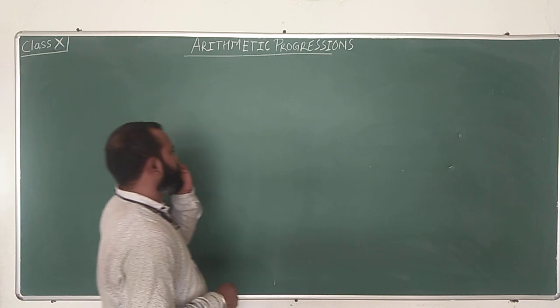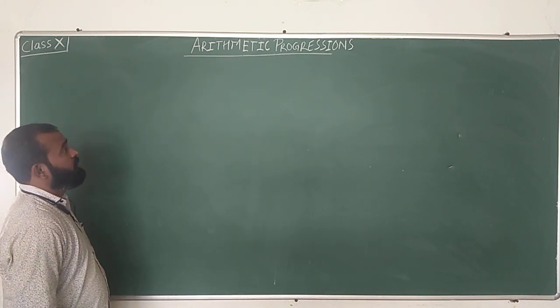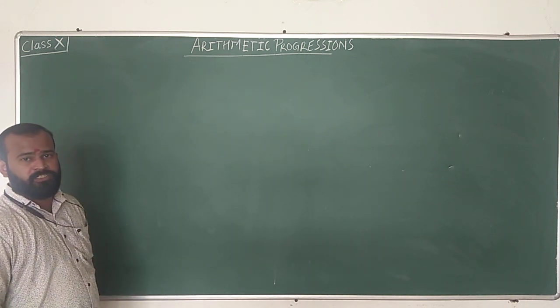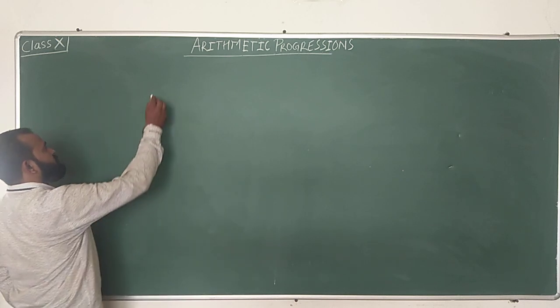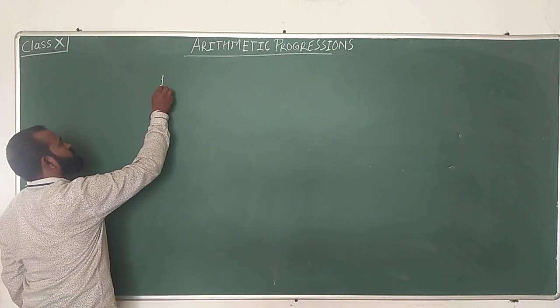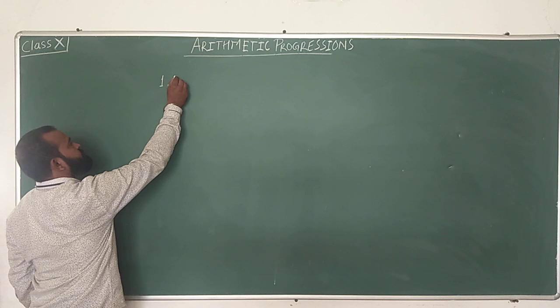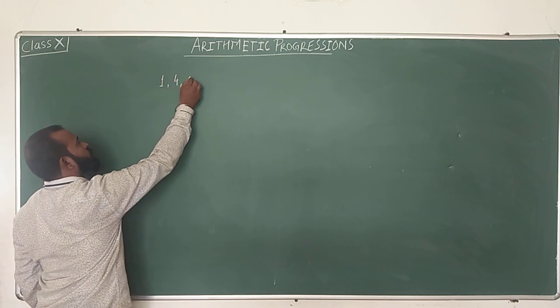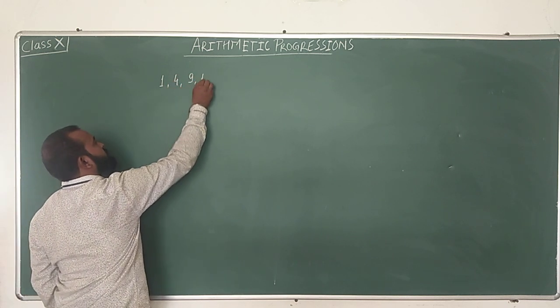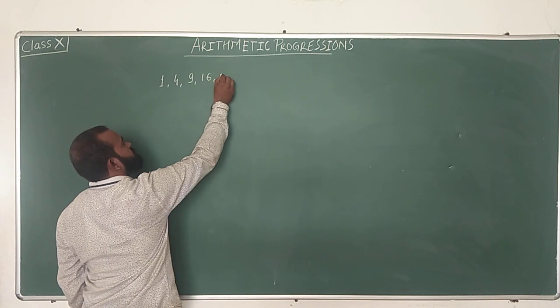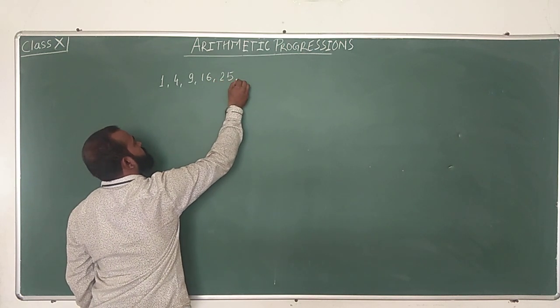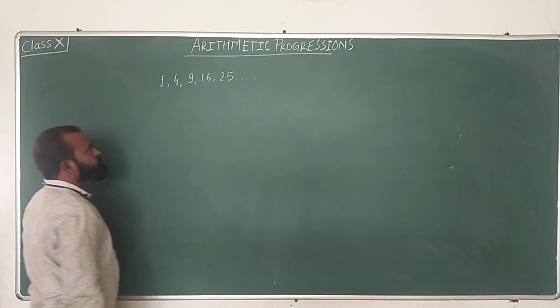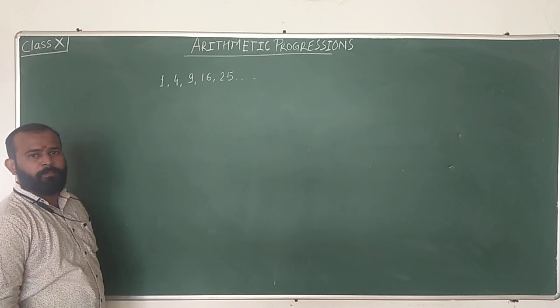Now in lower standards you might have learned about patterns. What are patterns? See here, suppose I am writing 1, 4, 9, 16, 25 and so on. This is also a pattern.